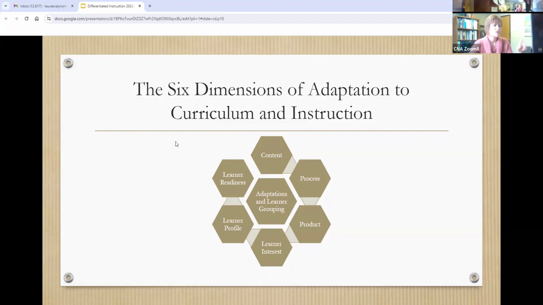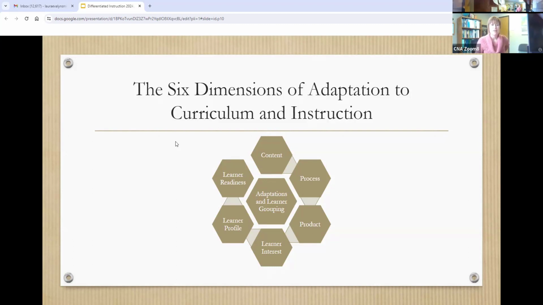So these 6 dimensions that you see in the diagram are meant to be simultaneous or sequential or as needed. They flow in whatever way we deem valuable to the students that are having those different needs. And one of the elements we attend to is learner profile, which includes strengths, weaknesses, and gaps. And at the center, you see adaptations and learner grouping as our 2 key approaches in differentiated instruction as we navigate these 6 dimensions.